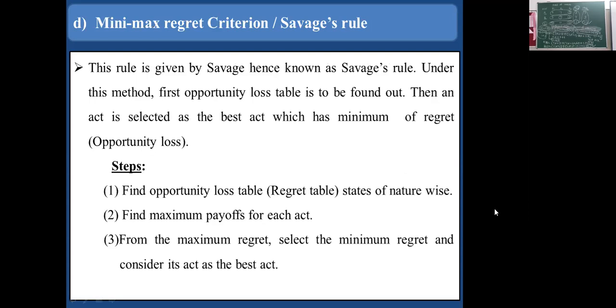So here first we will find the opportunity loss table, and after finding it we'll find the maximum regret or maximum loss for each and every act, and out of the maximum we'll select that act as the best act which has minimum loss.